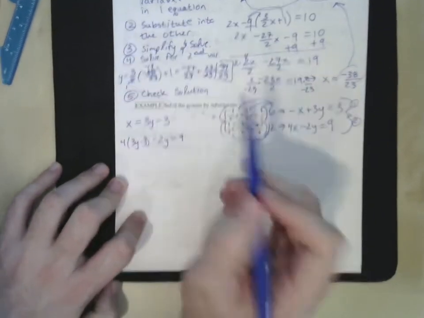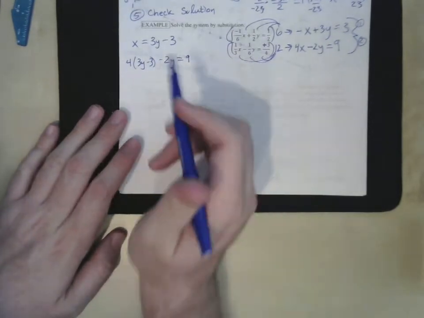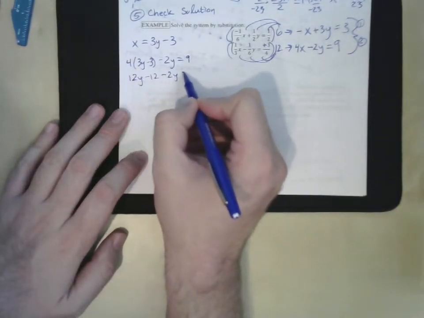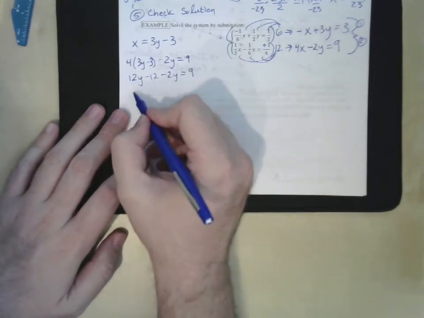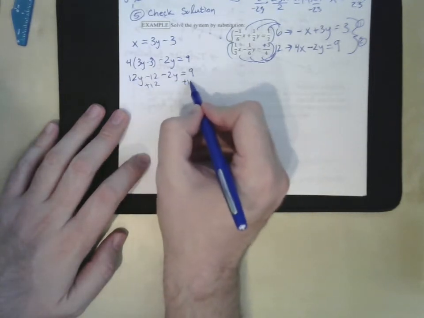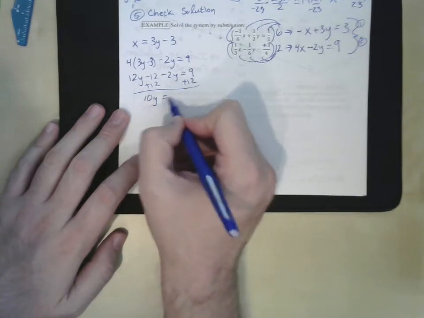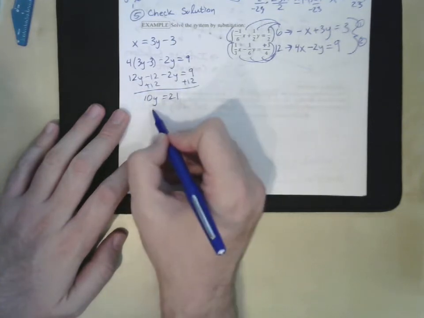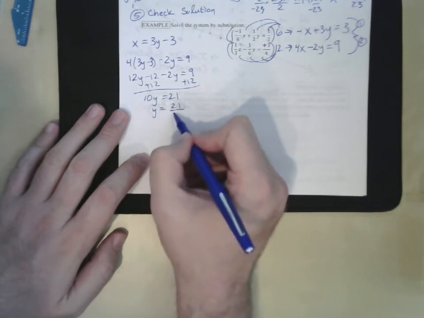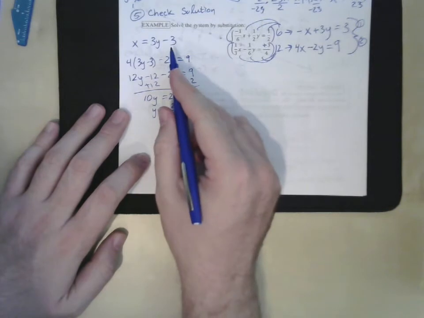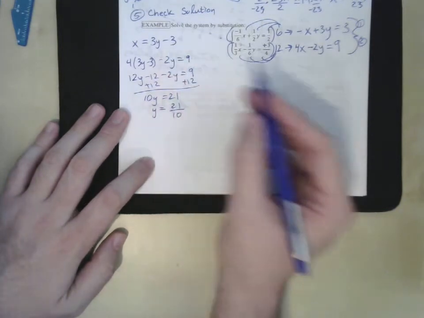And now, step number 3, simplify and solve. So we have 12y minus 12 minus 2y should equal 9. Add 12, add 12. 12y minus 2y is 10y. 12 plus 9 is 21. So y is 21 over 10. And then step 4, get the other variable by plugging it back into here.